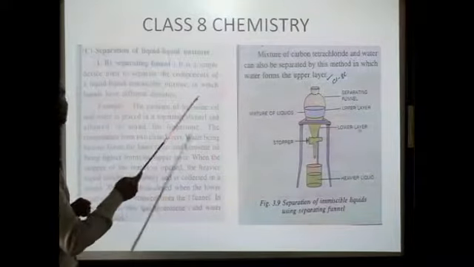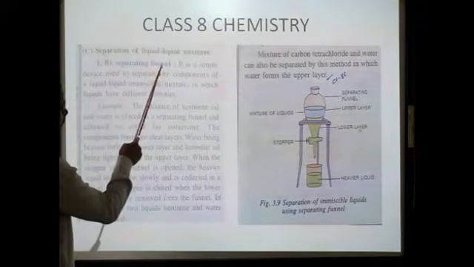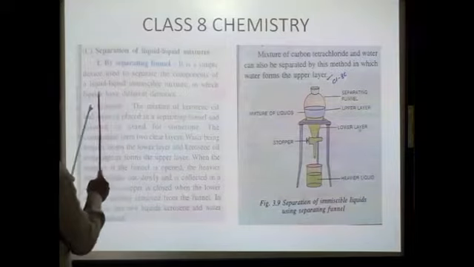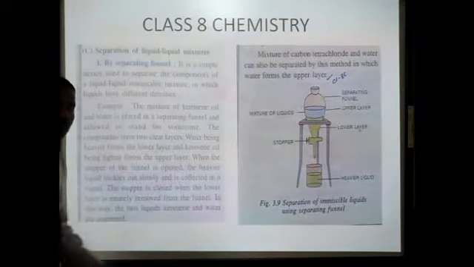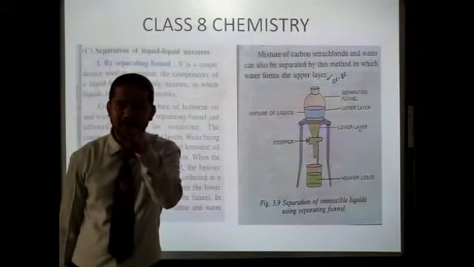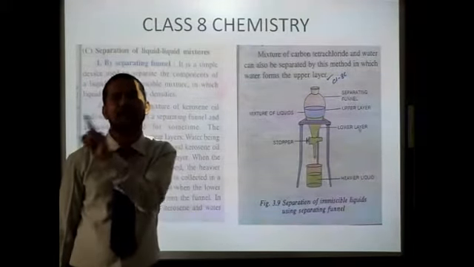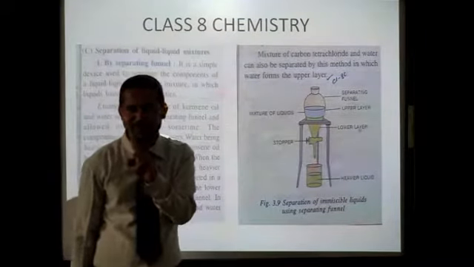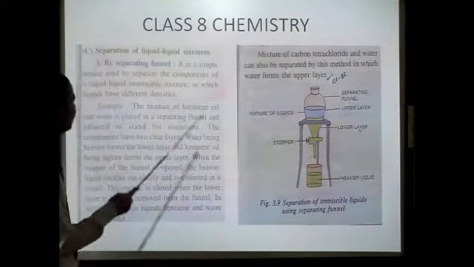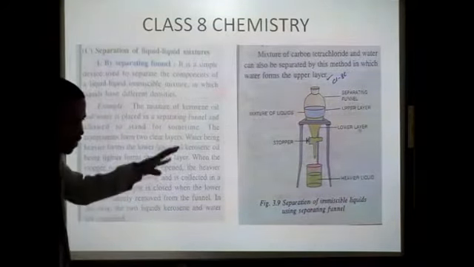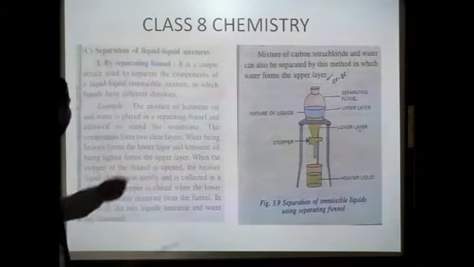These types of liquids can be separated by using a separating funnel, as they have different densities. So one liquid goes down, and the other comes up and forms a different layer. They have different densities, that's why one goes down and the other comes up.